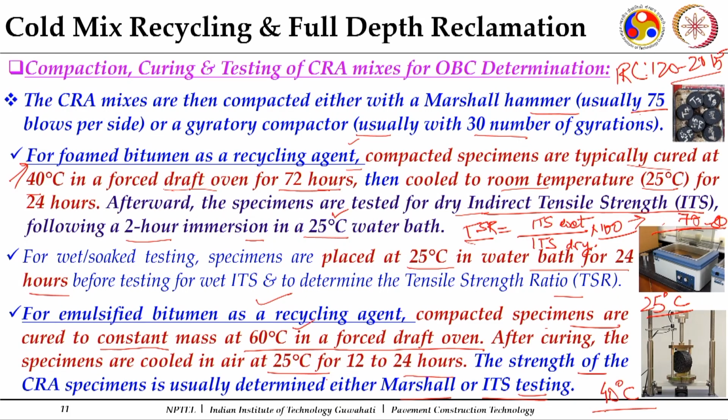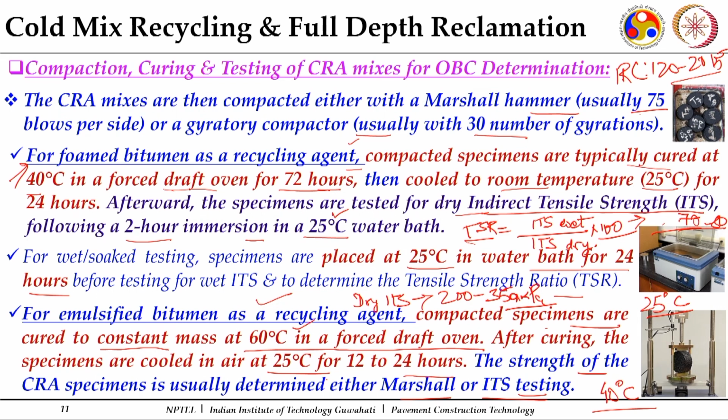Whereas, when the ITS value is to be measured, the sample has to be kept submerged in water for 24 hours at 25 degree centigrade, and then you measure the ITS, which is your wet or soaked ITS. Usually the ITS values recommended by different specifications say that the dry ITS values may range from 200 to 350 kilopascals.